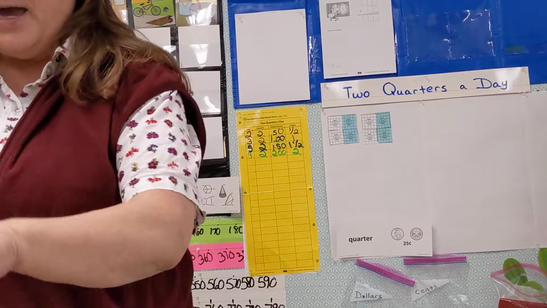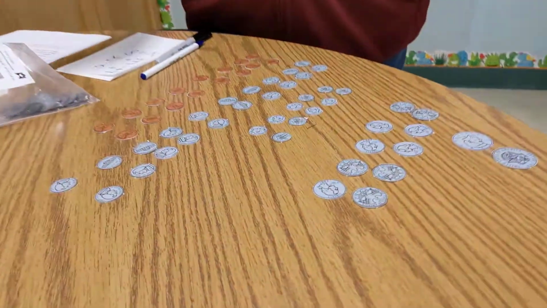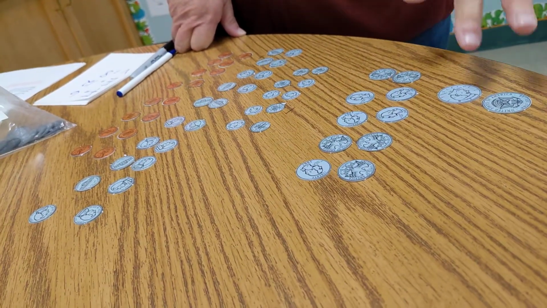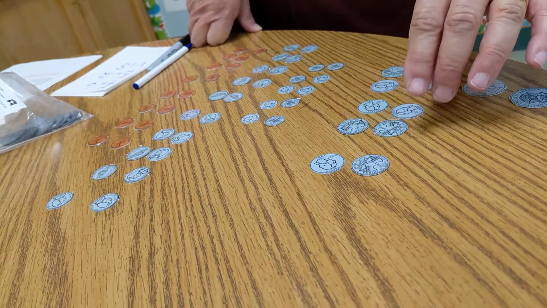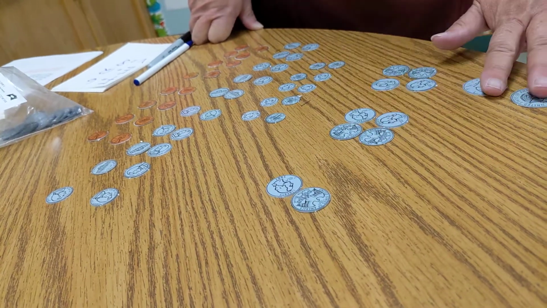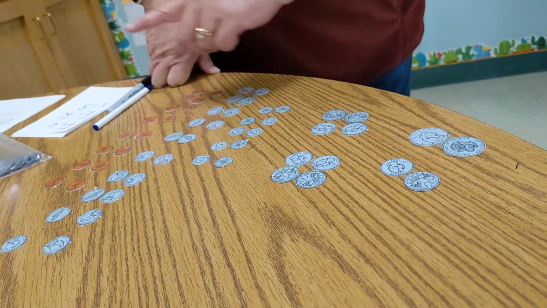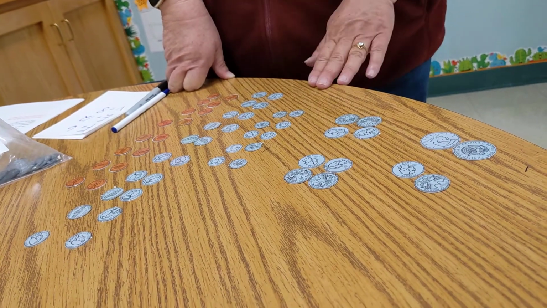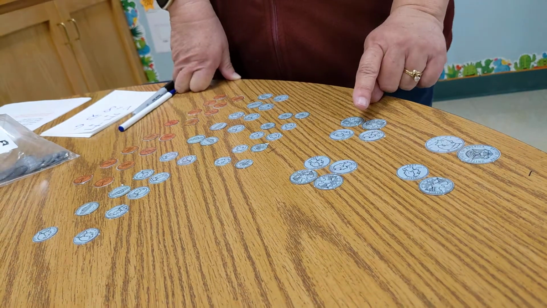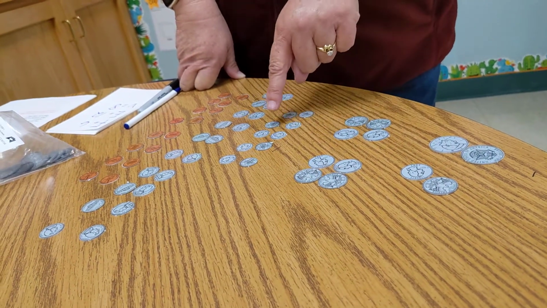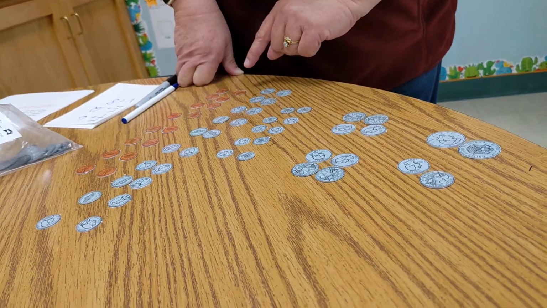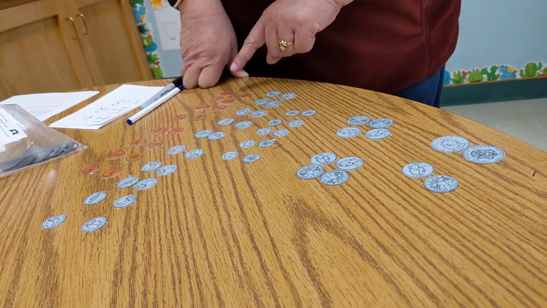Let me talk about the money that we have on the table. This is the money that comes in your brown math box, and we sorted it out in Mr. Murphy's room today, and we grouped it in dollars and figured out that we ended up with $5.66. So there's $1, $2, $3, $4, $5, and here is our other change.